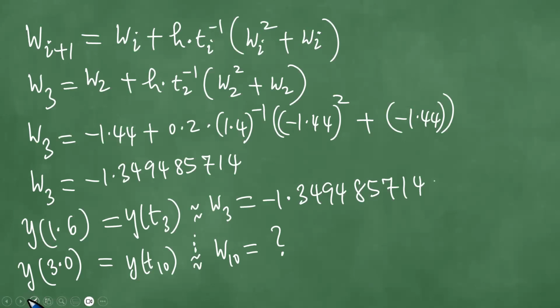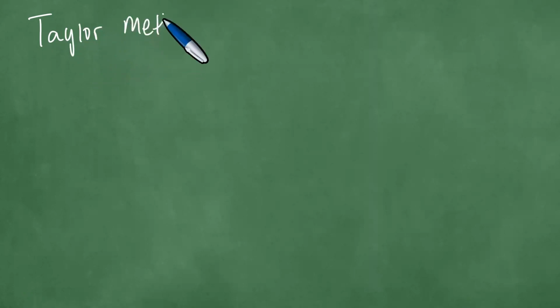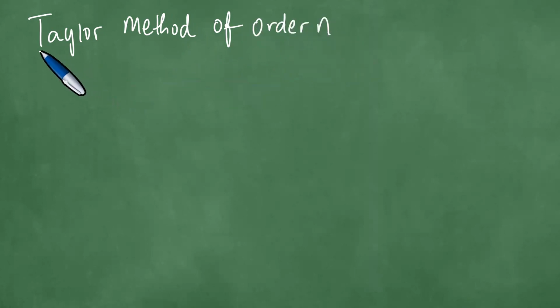Now, there's something we call Taylor's method. Sometimes the books just call it the Taylor method, and some books have a tendency of calling it the Taylor method of a given order. So we're going to do the Taylor method of order n.